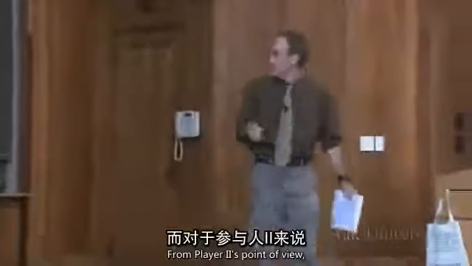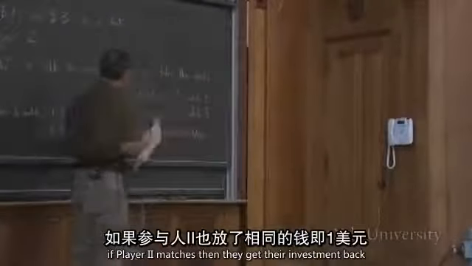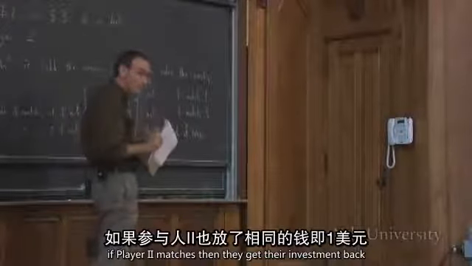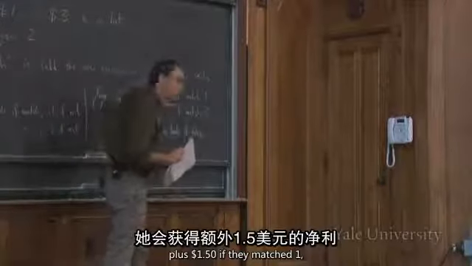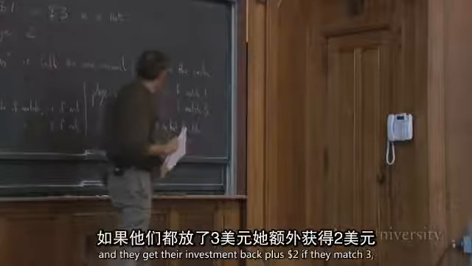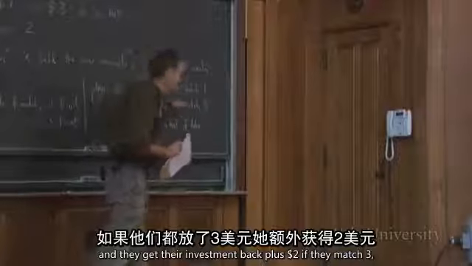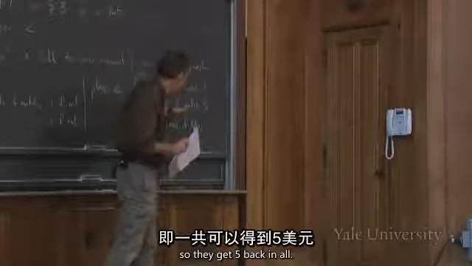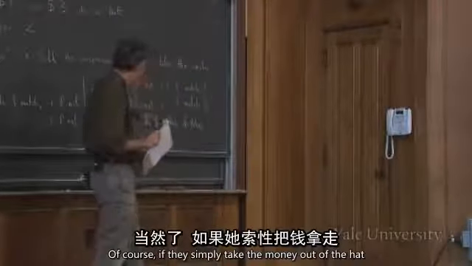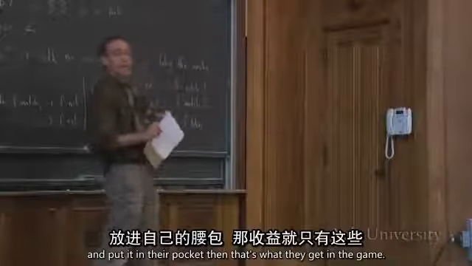From player 2's point of view, if player 2 matches, then they get their investment back plus $1.50 if they matched 1, so they get $2.50 back in all. And they get their investment back plus $2 if they match 3, so that's 5 back in all. And of course, if they simply take the money out of the hat and put it in their pocket, then that's what they get in the game.